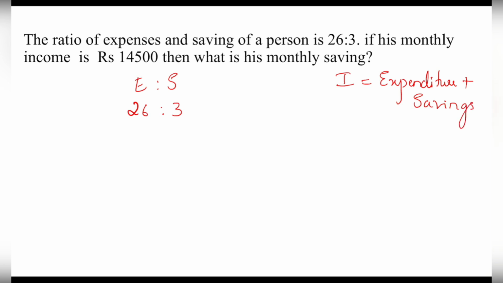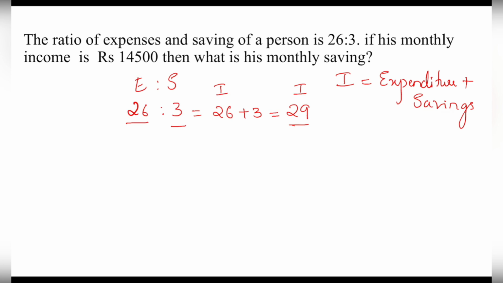Now we know the expenditure and savings ratio, so income will be the addition of both, isn't it? So 26 plus 3 gives the income part, that is 29. If 29 parts is the income, 26 parts is the expense and 3 parts is the savings.